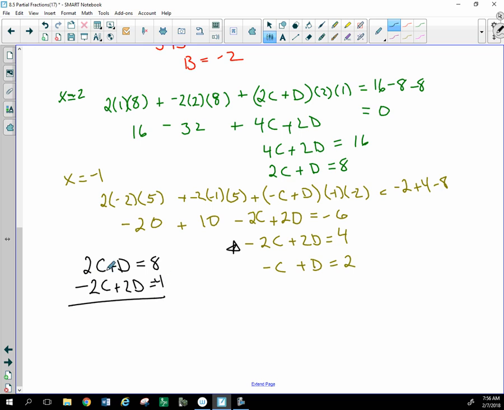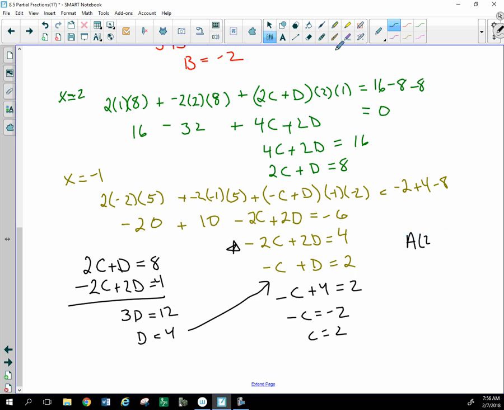And then if I combine these together, adding straight down by elimination, I have 3d equals 12, which means d is equal to 4. And then once I have that, I can substitute it into this equation. So negative c plus 4 equals 2. Subtract 4, so negative c is negative 2. So c is 2.